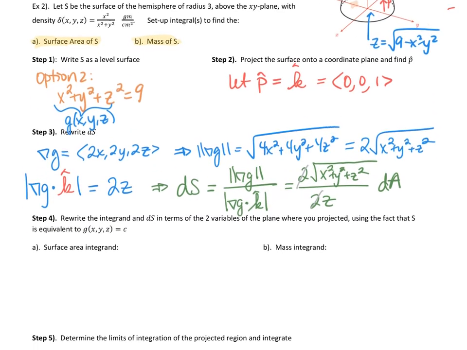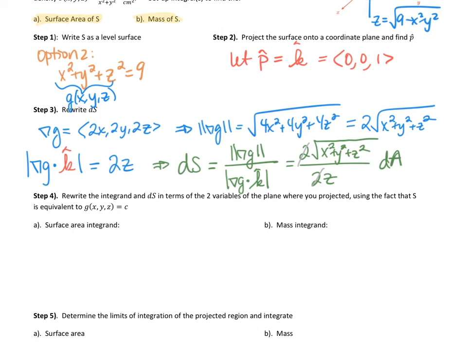Okay, now here's where things diverge depending on if we wanted to find just the surface area or also the mass. Let's remind ourselves: if I want just the surface area, then I'm just doing the double integral over my surface S of dS. As opposed to, if I want the mass, I'm going to be doing the double integral over the surface of the density dS.